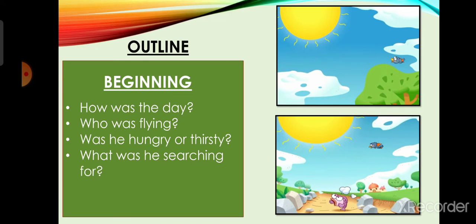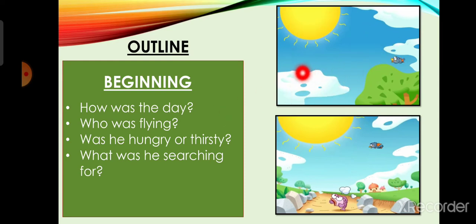Here are some illustrations with the outline that will help you to begin the story. In the beginning, you will use adjectives to describe the main character and setting, that is, when and where the main character was. Okay? How was the day?